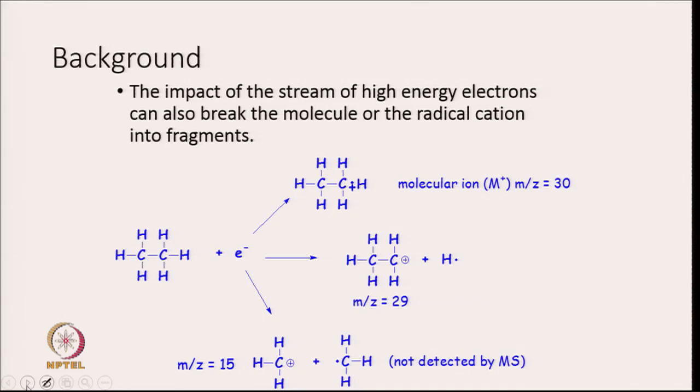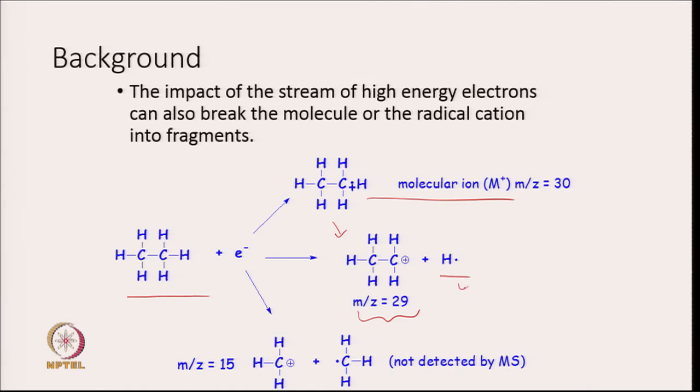The high energy electron can not only remove an electron, it can also break the molecule or the radical cation into fragments. So, suppose you bombard ethane with electrons, a molecular ion with m by z ratio equal to 30 will be formed. Apart from that, this radical cation can lose a hydrogen radical, and a species with m by z ratio 29 will also be formed.